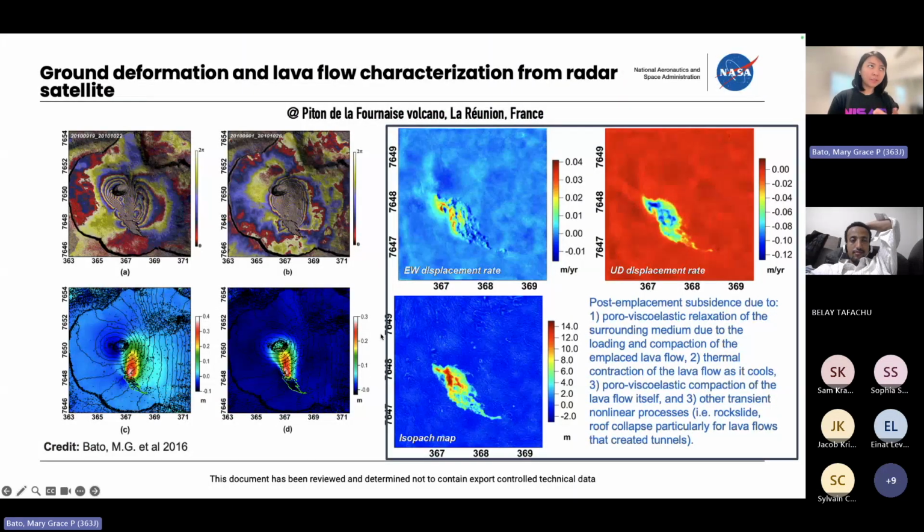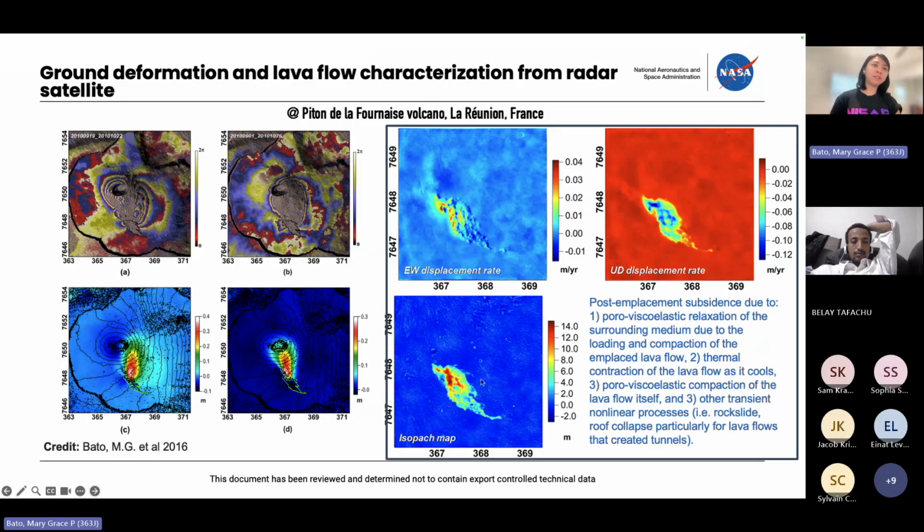So here is an example where you can get the east-west displacement rate, the vertical displacement rate, and the thickness map. And this is using high resolution radar data. It's not freely available to everyone. It's COSMO-SkyMed data that we utilized here.